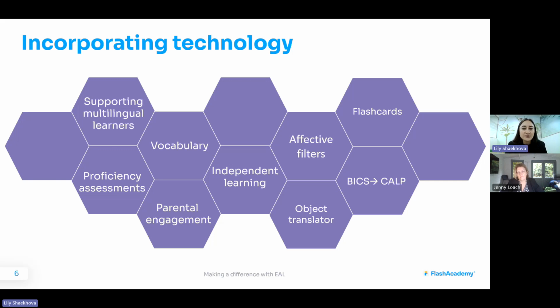Technology definitely transforms traditional learning by making it more interactive. For example, gamified vocabulary practice through flashcards, incorporating different multimedia activities, offering students a chance to interact with language through different formats. They listen to an audio, they then see a visual, and then read the text.